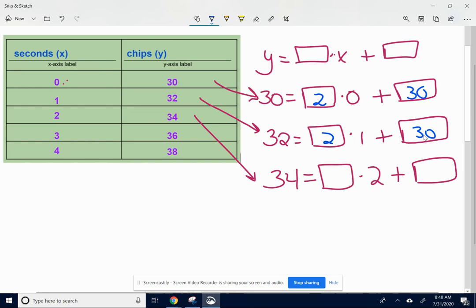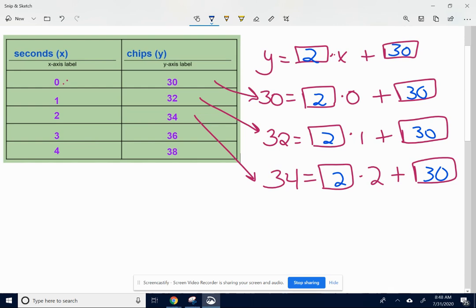See, that works. It works for all of these. The last one we wrote down: 34 is equal to 2 times 2, 4, plus 30. 4 plus 30 is 34. So my equation, the relationship that is always working out, is y is always equal to 2 times the x value plus the 30.